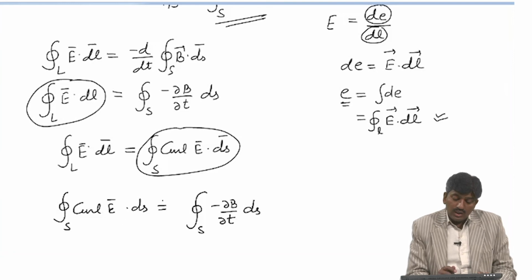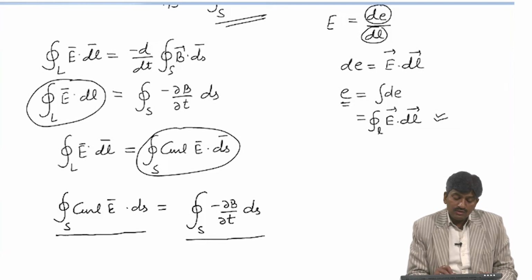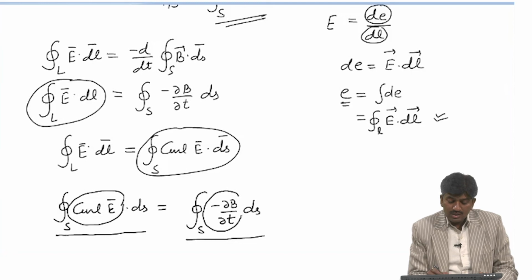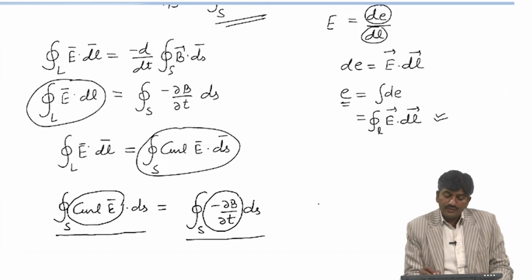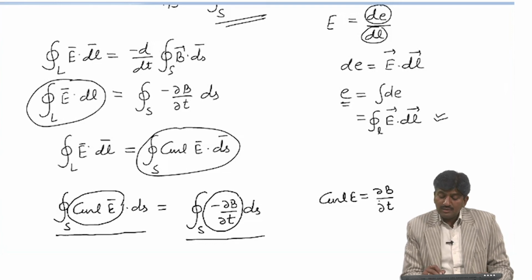Now, in the left hand side there is a surface integration, and in the right hand side again there is a surface integration. So, we can compare and equate, and after comparing, this curl E becomes equal to minus del B upon del t. Curl E is equal to minus del B upon del t.